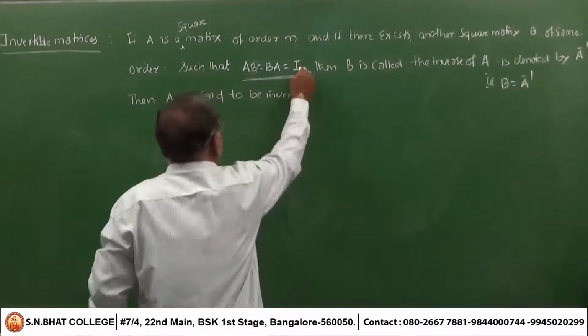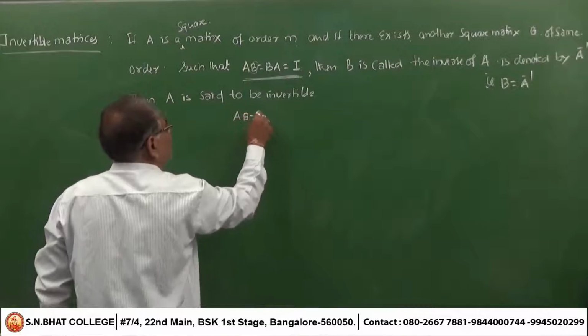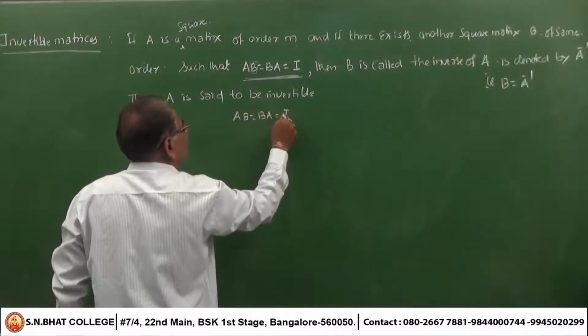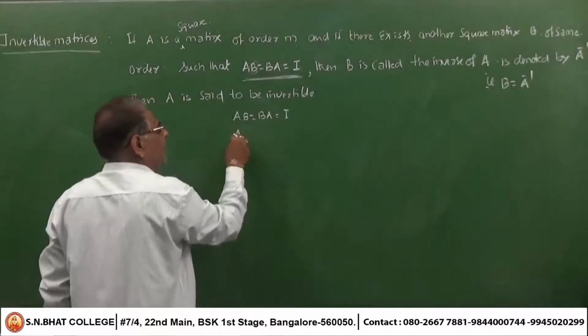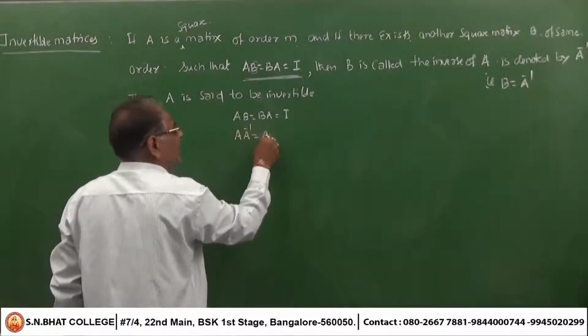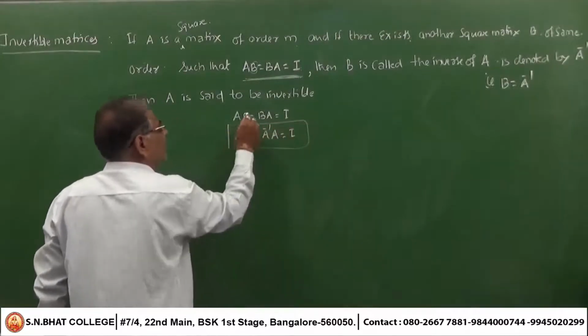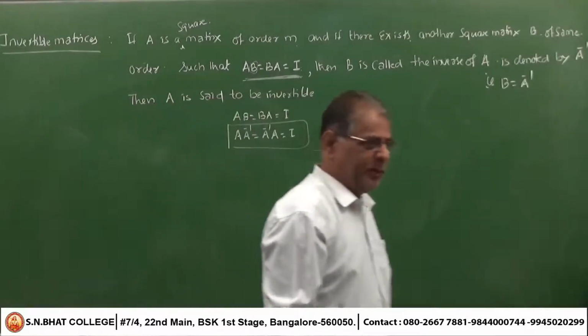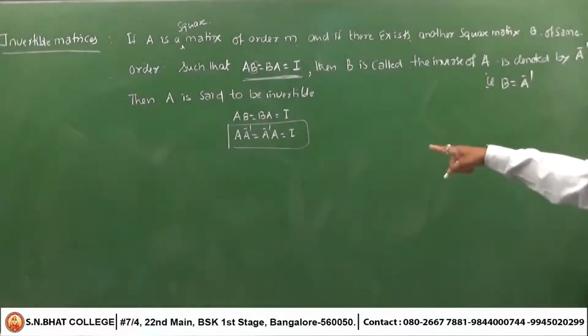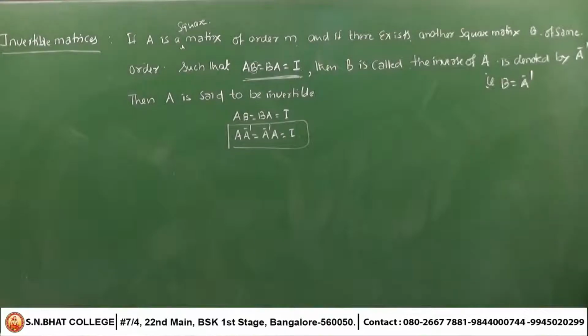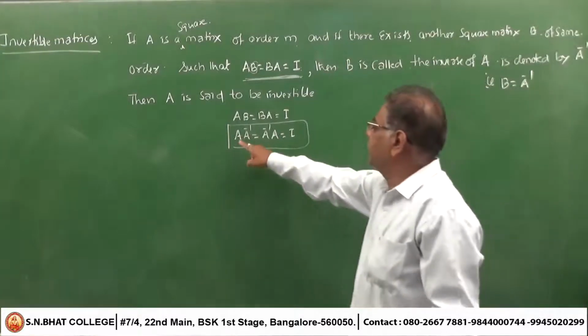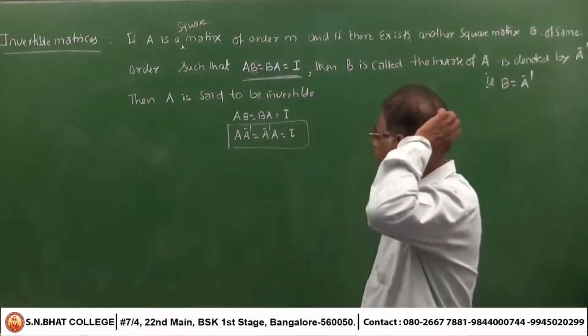Then AB is equal to BA is equal to identity becomes A into A inverse is equal to A inverse into A is equal to I. This formula is given in the properties of multiplication of matrices: multiplication of matrices satisfies the inverse law.